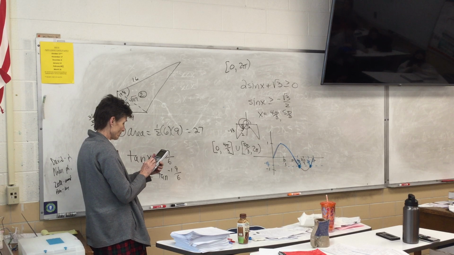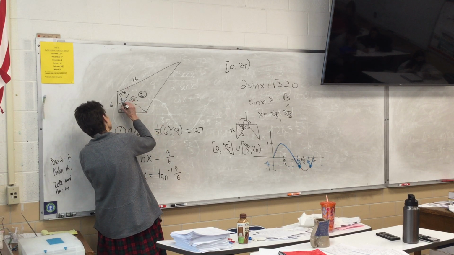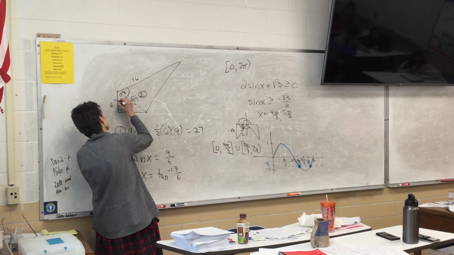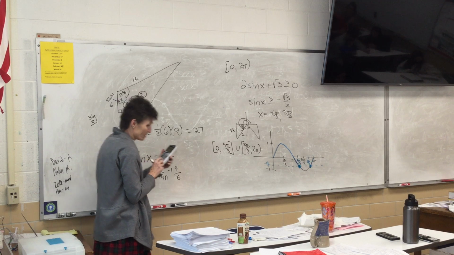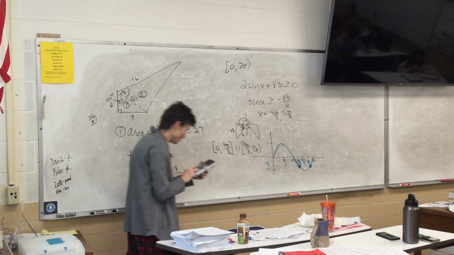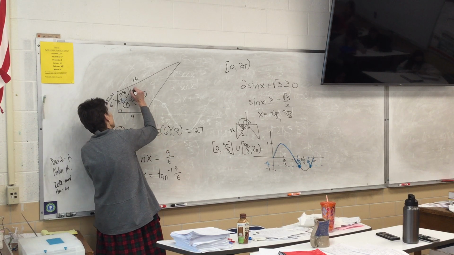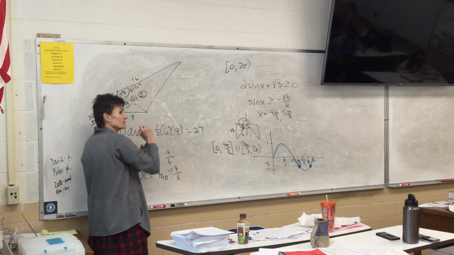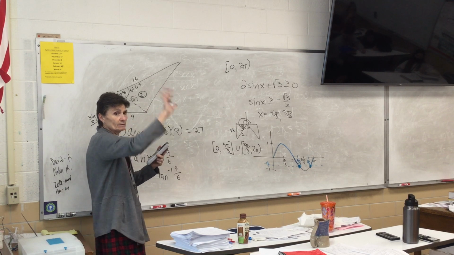Second tangent. Did you get 56.31? Which makes that one, is that 118? 118 minus that, which is 61.69. Are you still here?